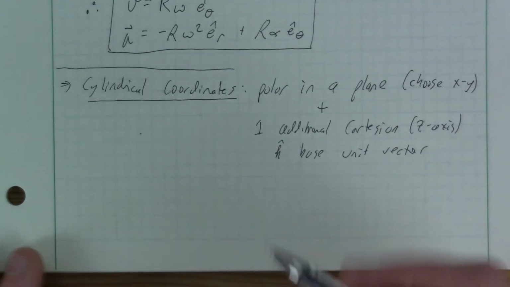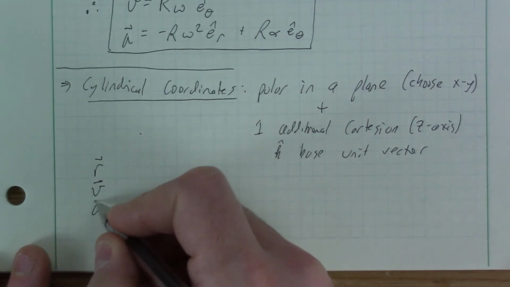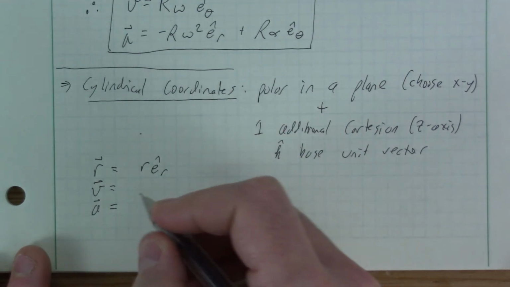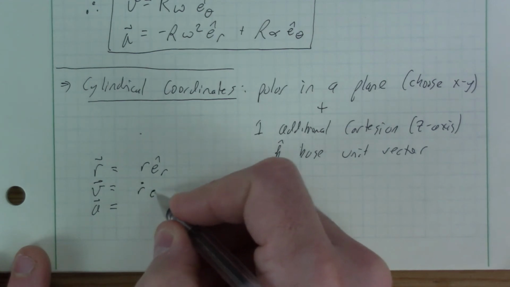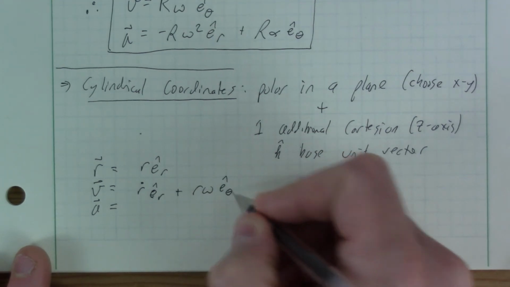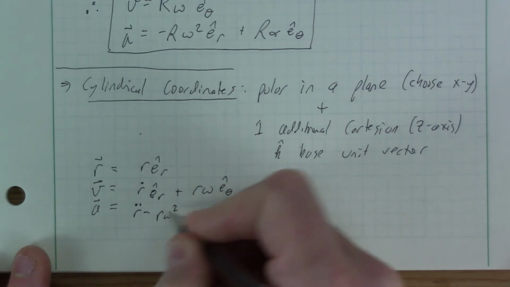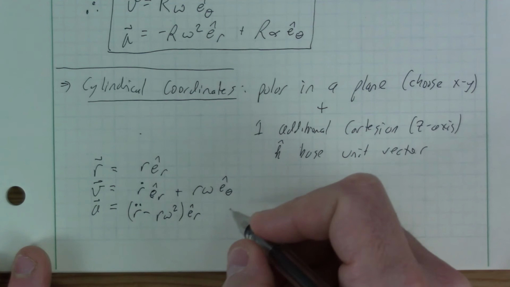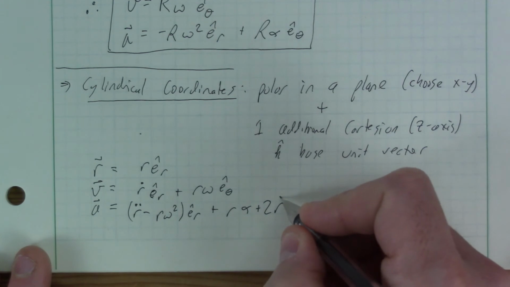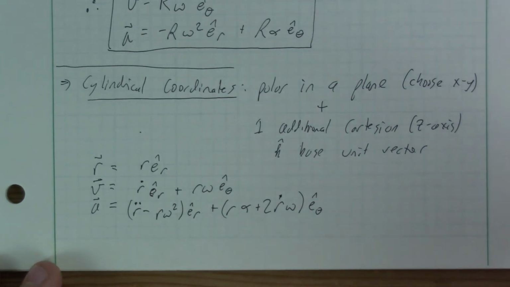And that's it. All we're going to do is take our three definitions for position, velocity, and acceleration. Position was r e hat r, velocity was r dot e hat r plus r omega e hat theta, and acceleration was r double dot minus r omega squared e hat r plus r alpha plus 2 r dot omega e hat theta.